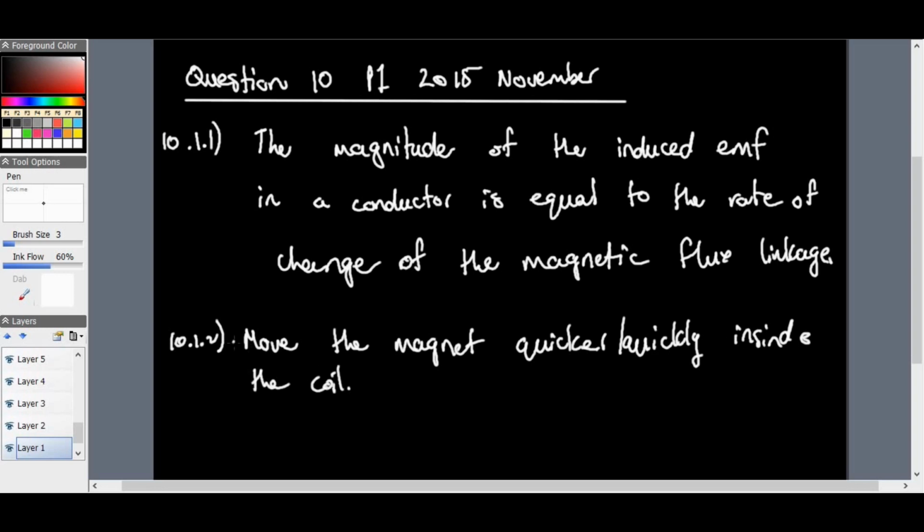One of my ones that I used to always say in the exam was use a stronger magnet. I'd alternate which one I want to say first. Hope we all got those two. Pretty basic, pretty simple.